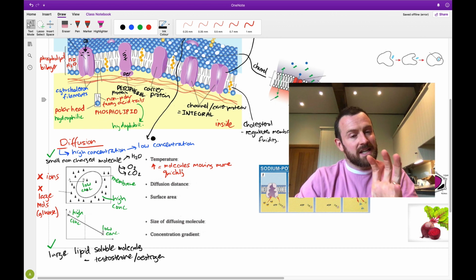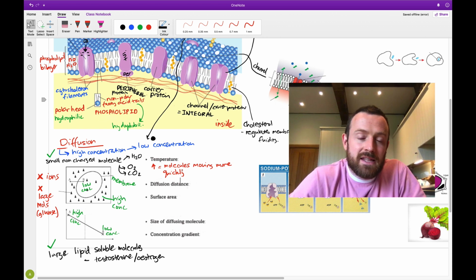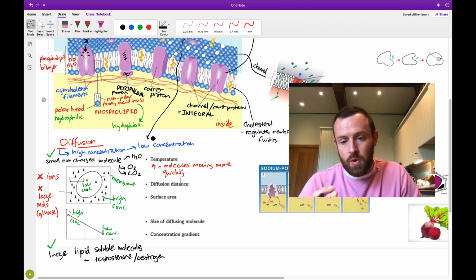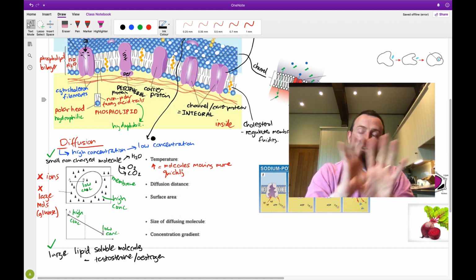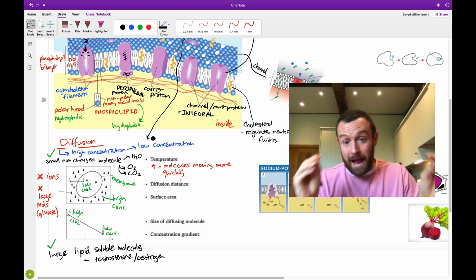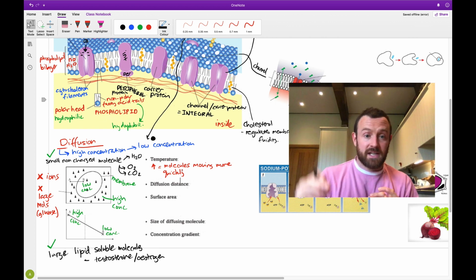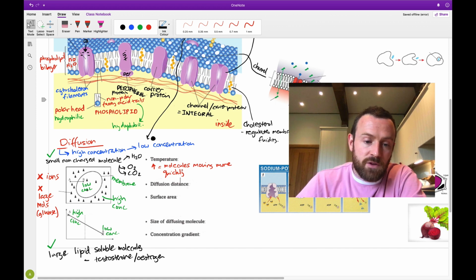There's also a slightly different effect, which we'll look at in more detail later: if it gets too hot, the membrane becomes more permeable because the phospholipids are moving about so quickly that they have little gaps for a microsecond where a particle can get through. So temperature increases the rate of diffusion.